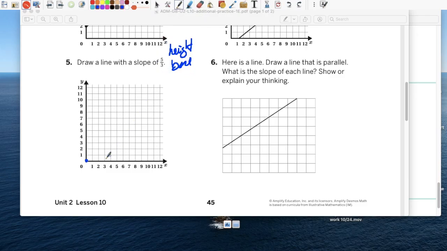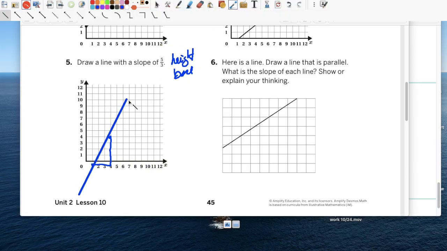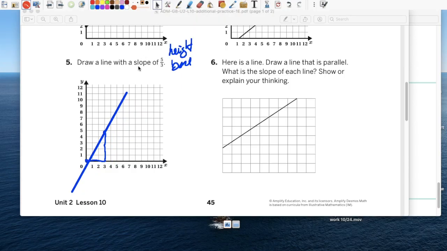The base has to be 3, so 1, 2, 3. There's my base, and the height has to be 5. 1, 2, 3, 4, 5. So this is the height. Let me draw a line. And there's a line, right? There's my line that has a slope of 5 over 3.